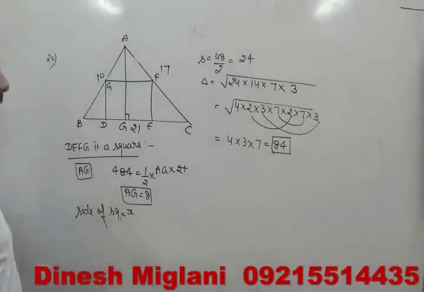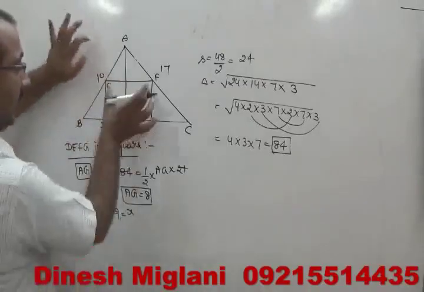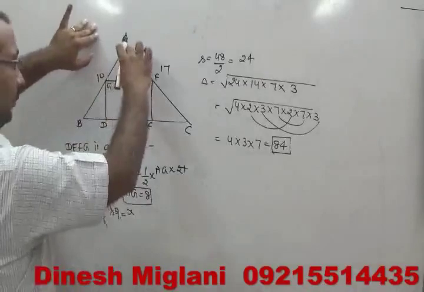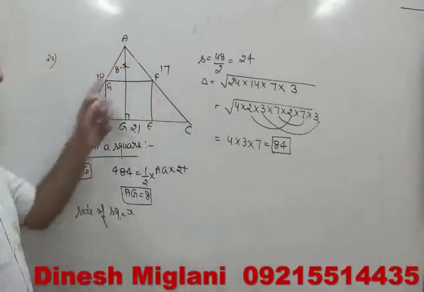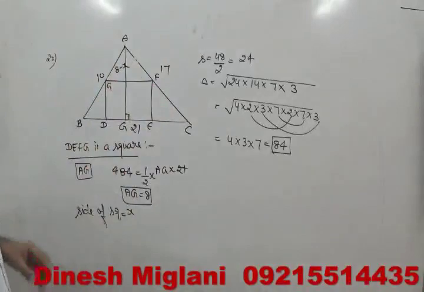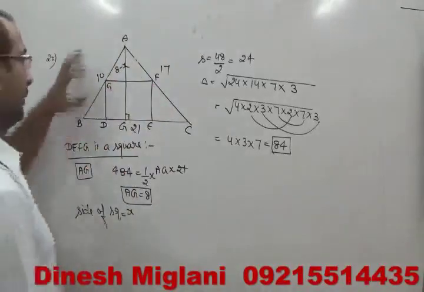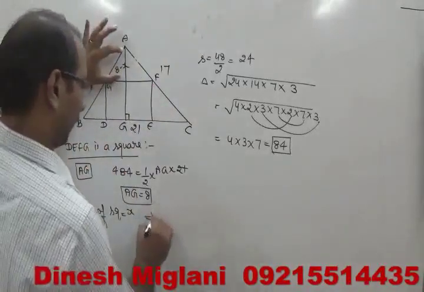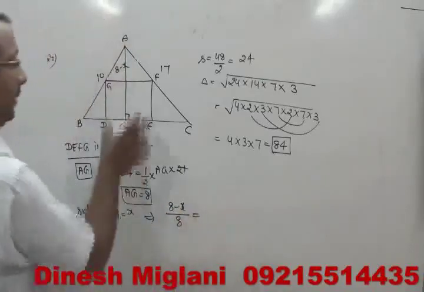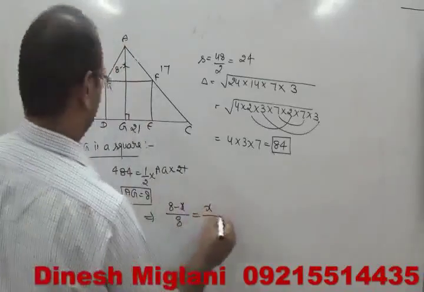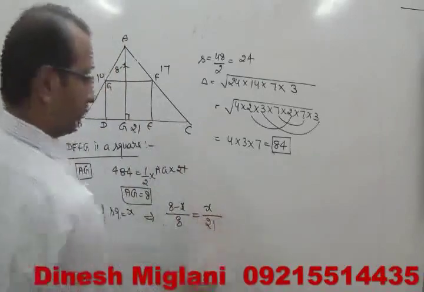If the side of the square is x, it means that is x, right? And that portion would be 8 minus x. Now if this is parallel to this, we can say the ratio of the sides would be the same. It means the ratio of 8 minus x by 8 is the same as x by 21.